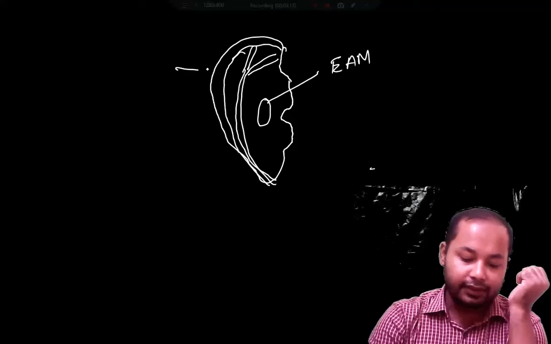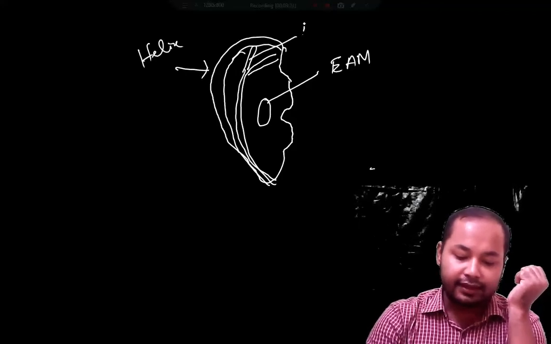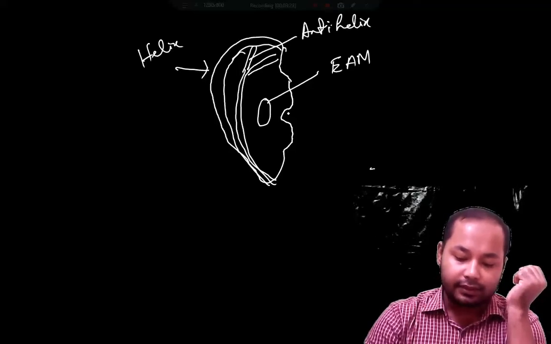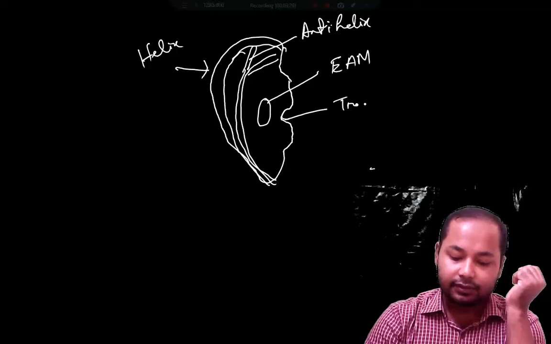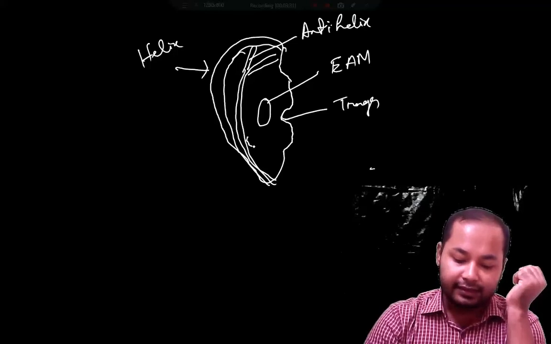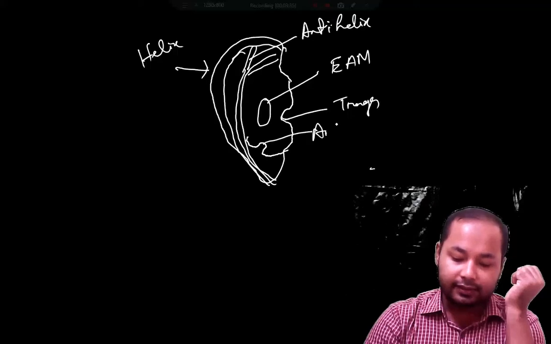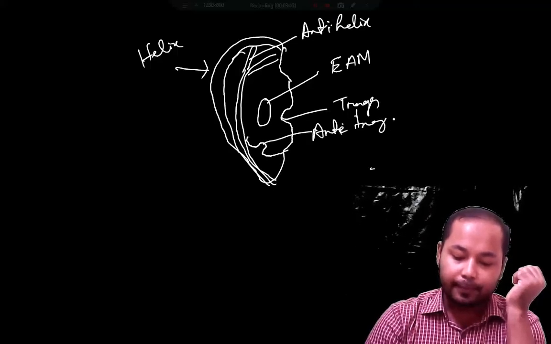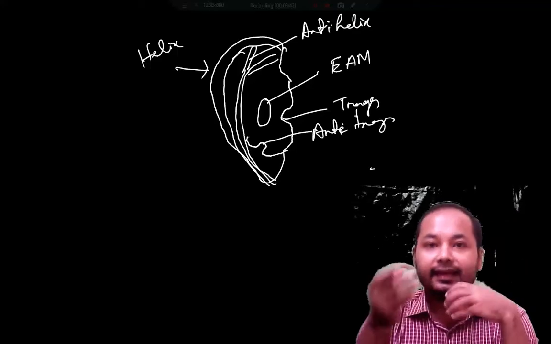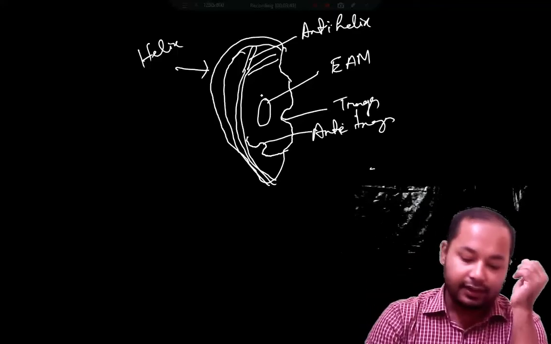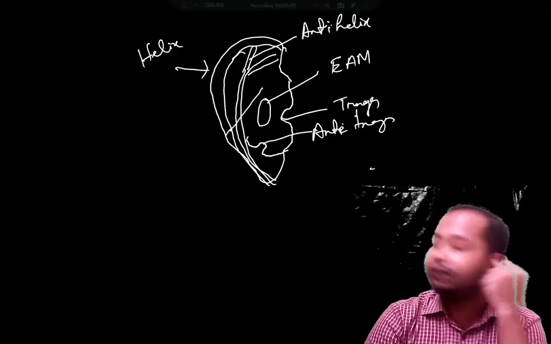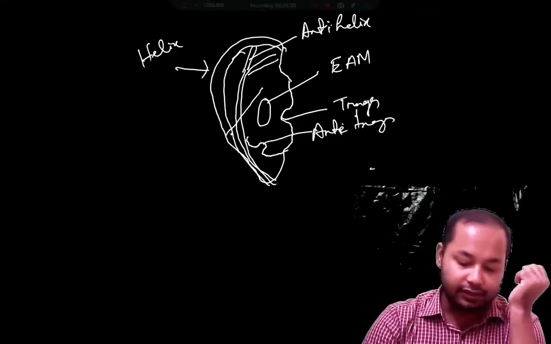Please remember the terms. This is the helix. This is the antihelix. This is the tragus, and in the lower part of the antihelix you will get the antitragus. Okay, you have the helix, antihelix, tragus, and antitragus, and somewhere here you have got the cavity. This is called the concha.